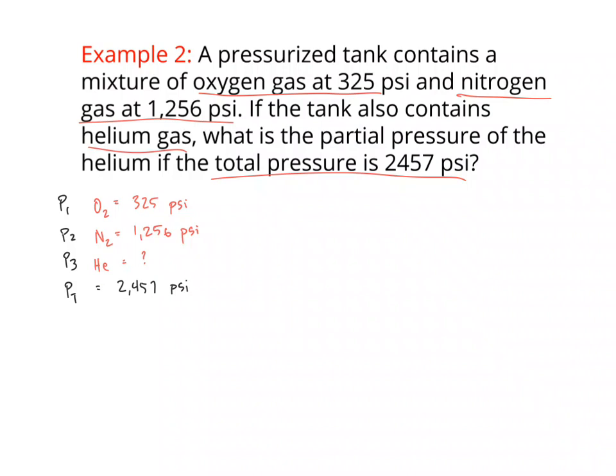All right, so Dalton's law of partial pressure says that the total pressure is equal to the sum of the individual pressures. So I've got three different gases. So I'll say P1, P2, P3, and now I fill in what I know.